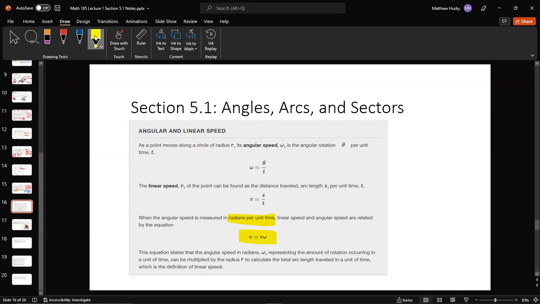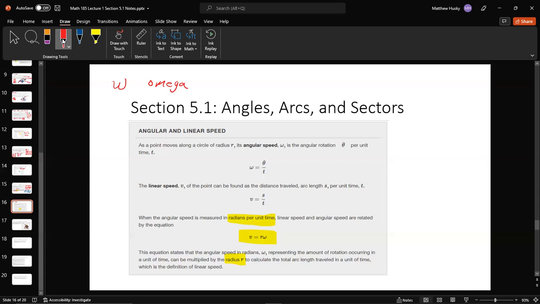The linear speed, which is v, is the radius r multiplied by the angular speed, which looks like a W, but this is actually the Greek letter omega. It looks a lot like a W, but it's actually a lowercase omega in the Greek alphabet.